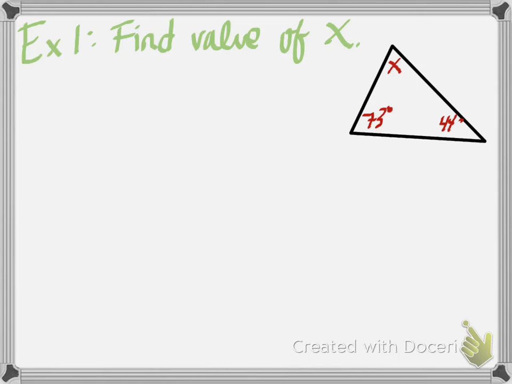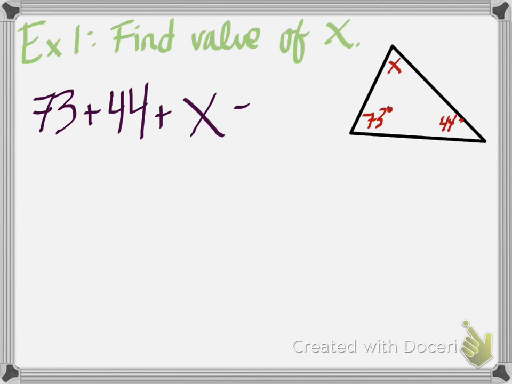So in example 1, you're asked to find the value of x. We're going to take the 3 angles given. We have 73 degrees plus 44 degrees plus x, which we don't know. And we know that the angles of a triangle have to add up to 180. So let's set it equal to 180.